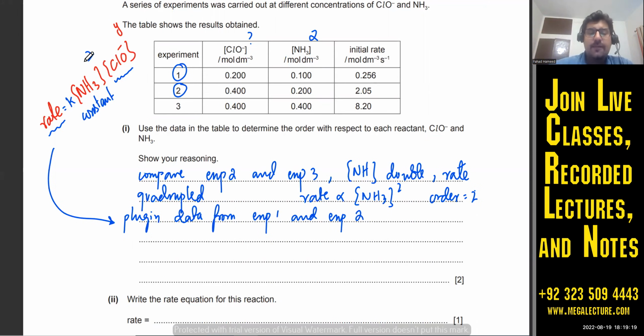So I'm going to plug in data from experiment number 1 and experiment number 2. First, experiment number 1, where the rate is 0.256. So I'm going to plug in these values.